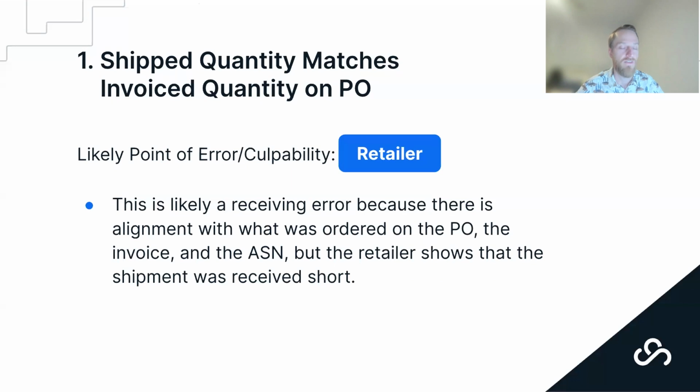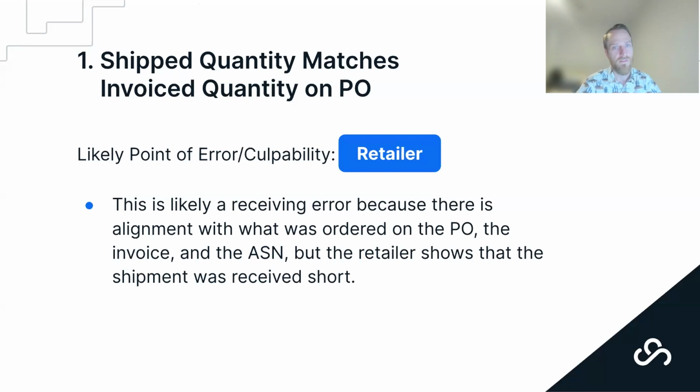And the common theme here is that what we are trying to do is look at multiple data points to better understand what happened on this PO, on this invoice, for this item, what happened that may have caused this shortage deduction. Or at least how can you tell if this shortage deduction is valid or invalid?